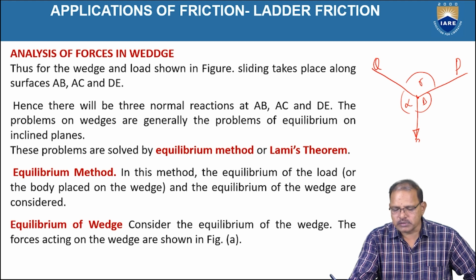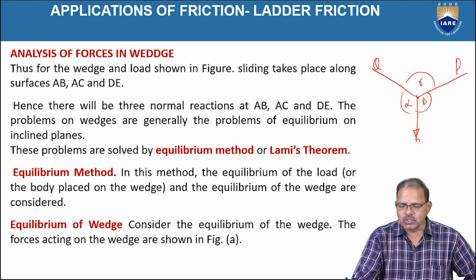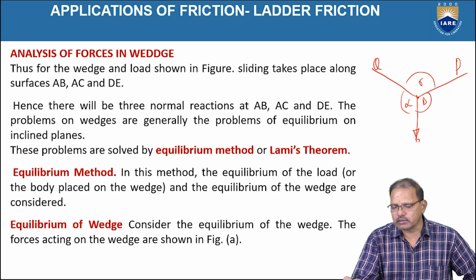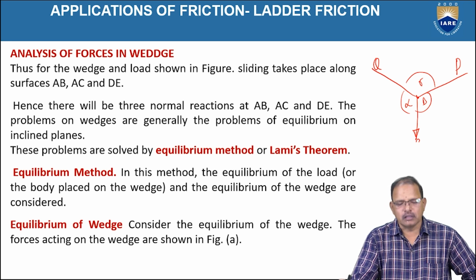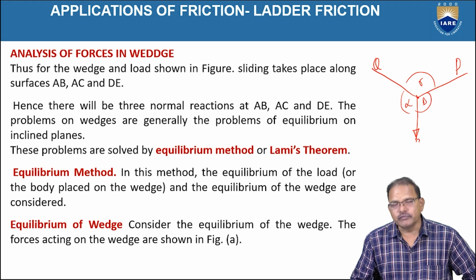According to Lami's theorem, P by sin alpha is equal to Q by sin beta is equal to R by sin gamma, and it should be constant. So, by using these conditions, we can determine the minimum force P that can be applied over the body to lift the heavy load.